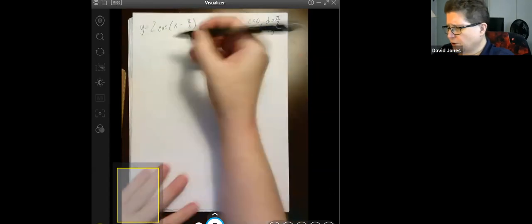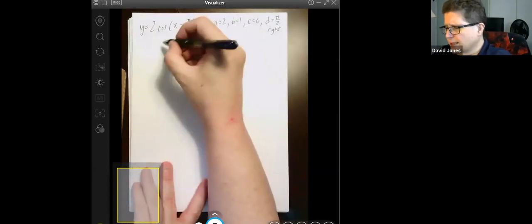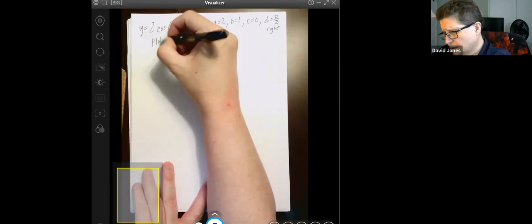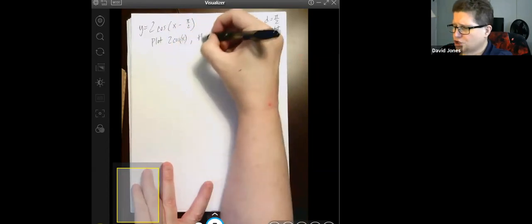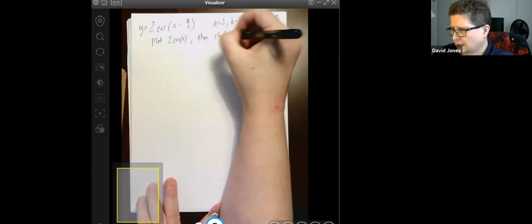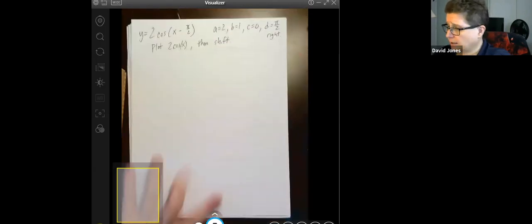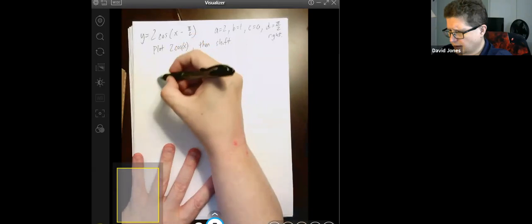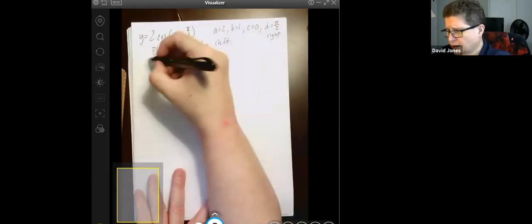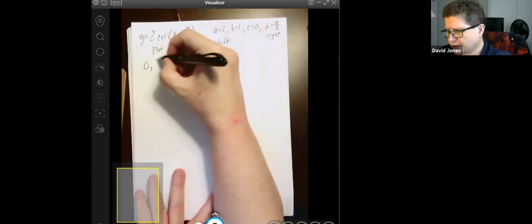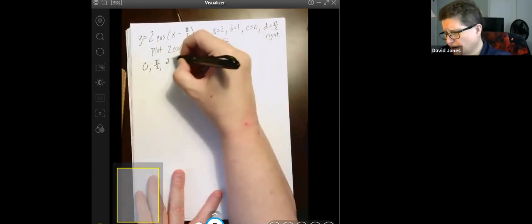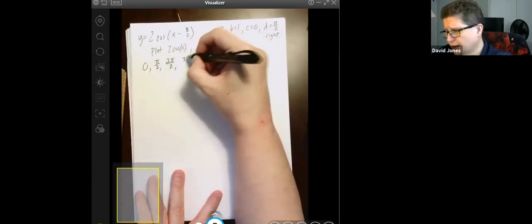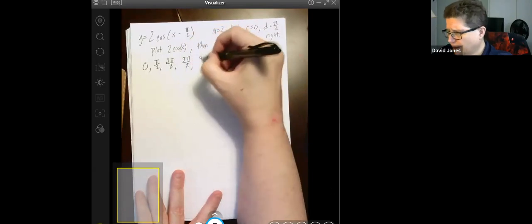I'm going to go through and plot 2 cosine x, then shift. So my points are normally 0, pi over 2, 2 pi over 2, 3 pi over 2, 4 pi over 2.